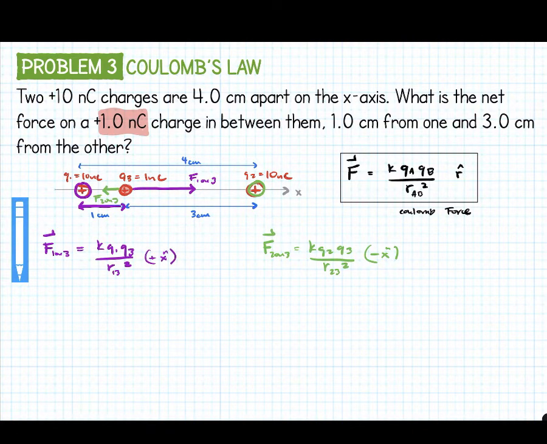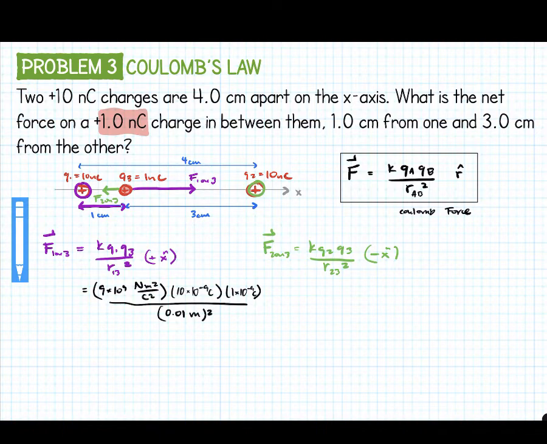Okay, plugging in actual values, this gives us 9 times 10 to the 9th newton meters squared over coulomb squared. That's our k, which is 1 over 4 pi epsilon naught. We have 10 times 10 to the negative 9 coulombs, and 1 times 10 to the negative 9 coulombs. And all of that is over 0.01 meters, quantity squared.